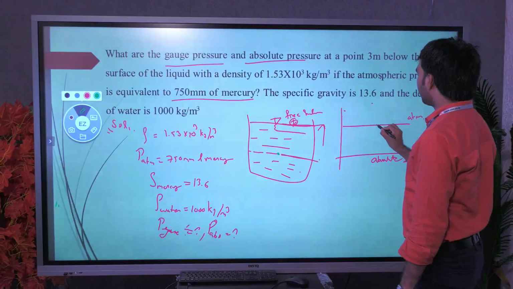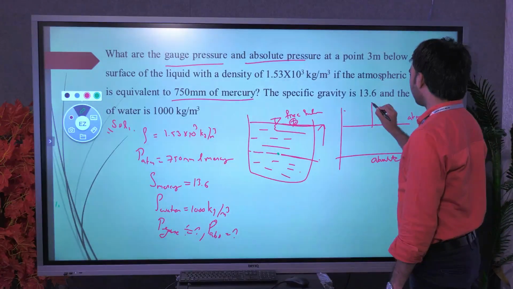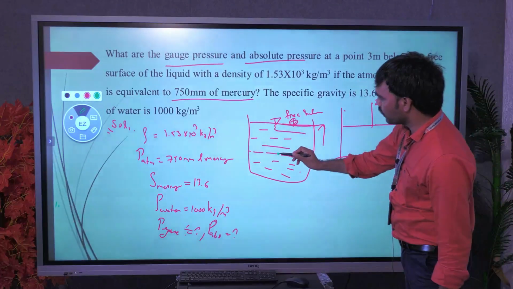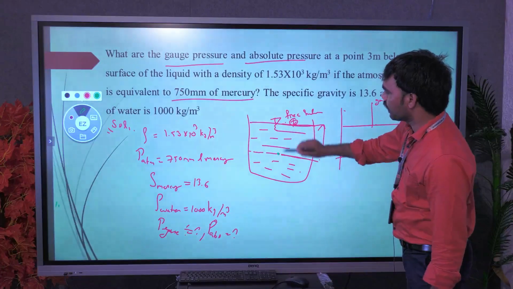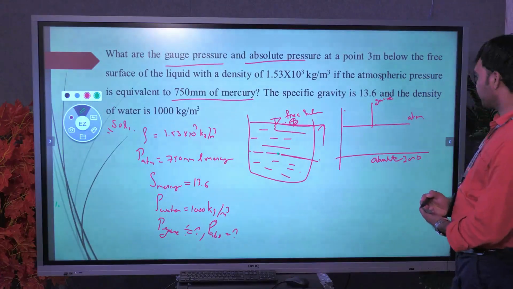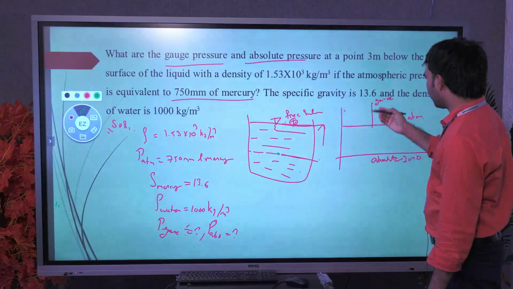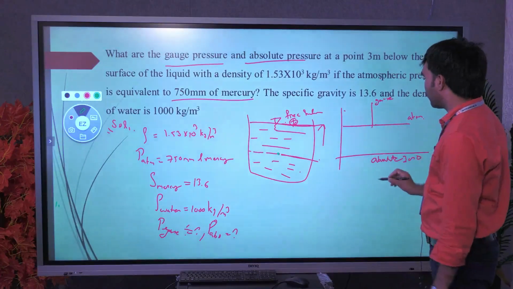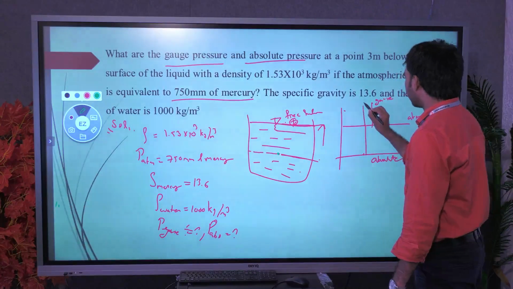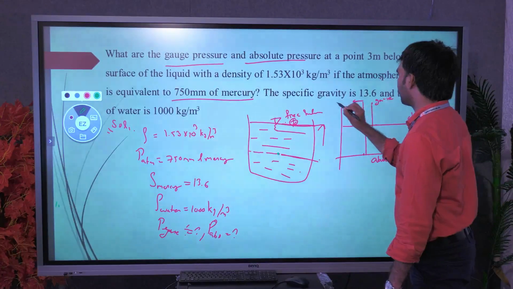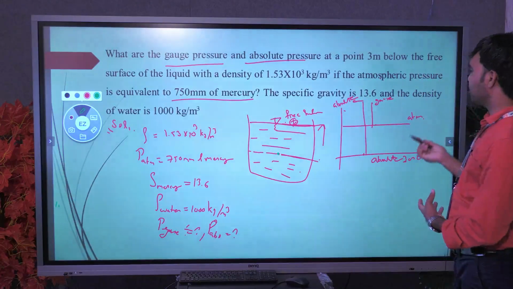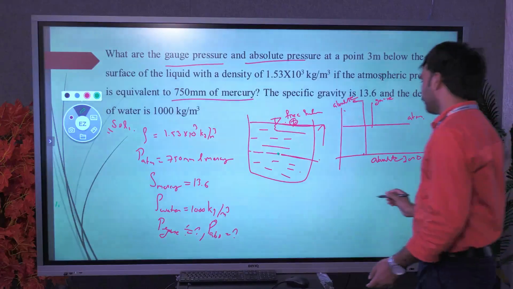The pressure measured with respect to atmosphere. This is the gauge pressure. So here we have measured the pressure at this point with respect to atmospheric pressure. What is the absolute pressure? Atmospheric pressure plus gauge pressure, you will get the absolute pressure.